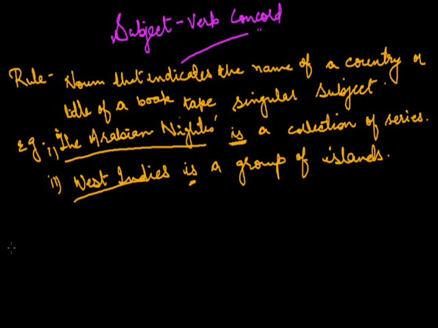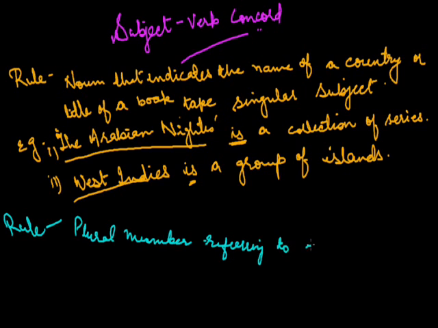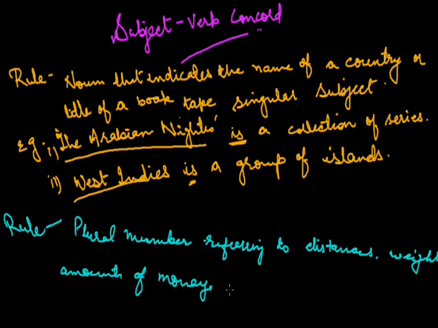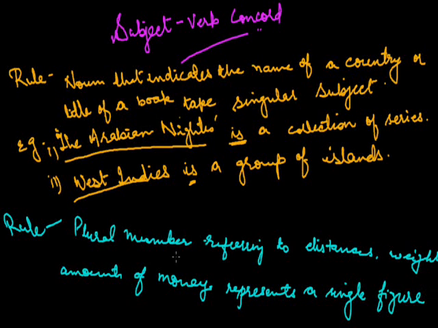Plural number referring to distances, weight. Now rule number 2. We have read lot many rules earlier, no? Plural number referring to distances, weights, amount of money, represents a single figure or quantity.